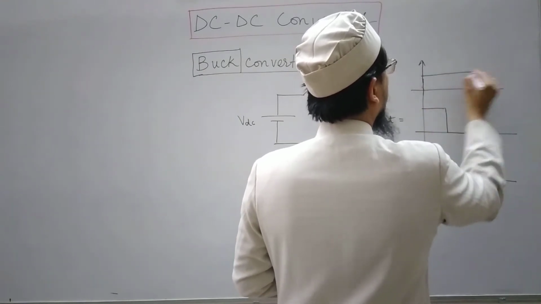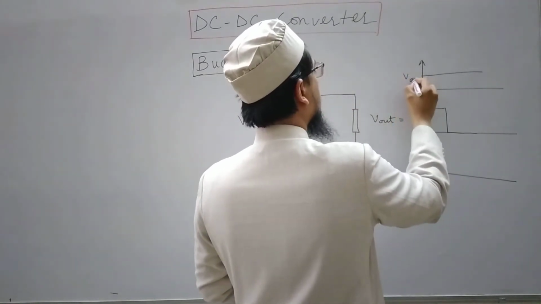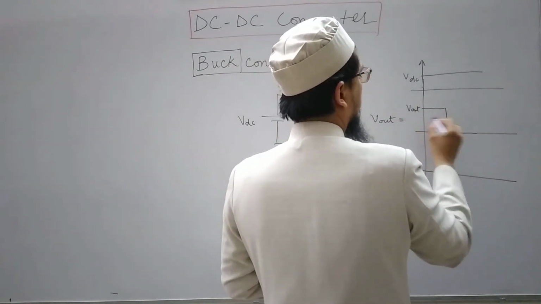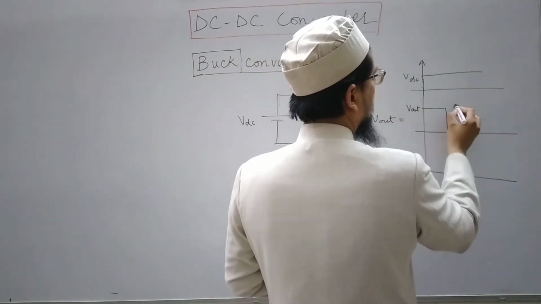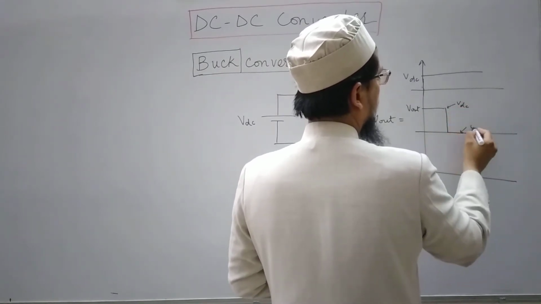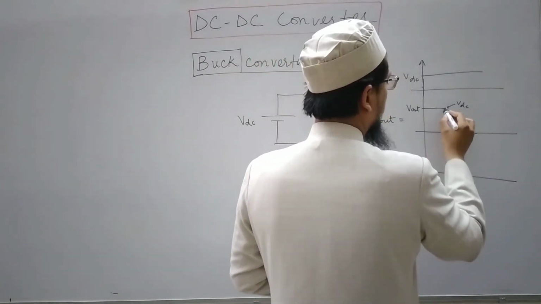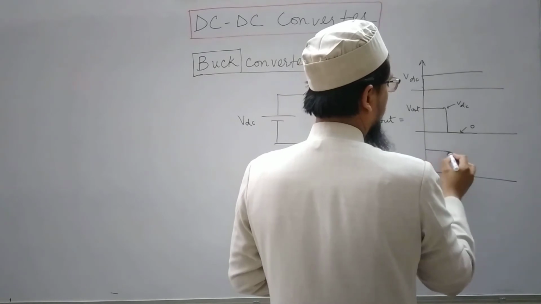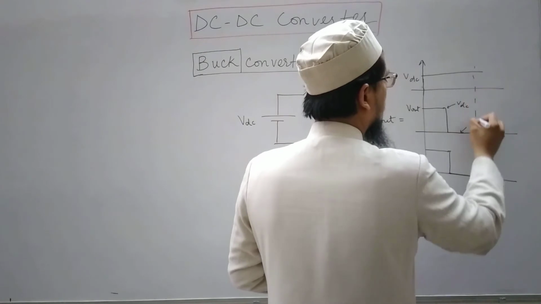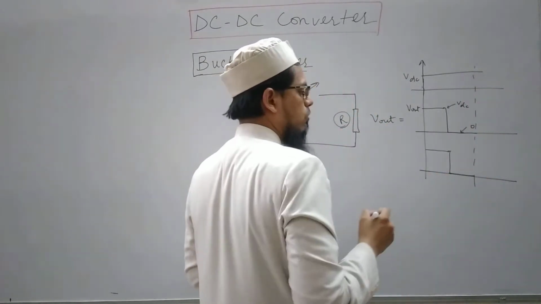say this is the input voltage, which is VDC, and then we have this output voltage. This waveform is the output voltage, while this is VDC and this is 0. Similarly, the current that would be flowing would have the same wave shape as the output voltage, because let us consider only an R load.